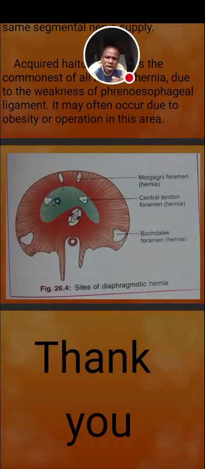Moving on, CORAL represents the convex on right and left. So the diaphragm is convex on the right and convex on the left. But if you look at it on its inferior abdominal surface, it is concave.